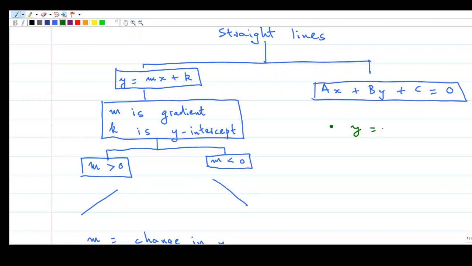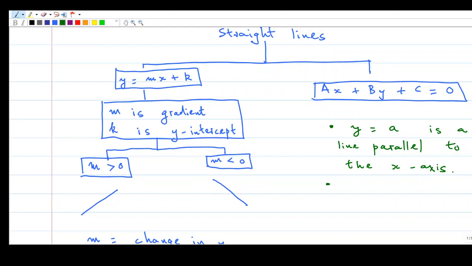y is equal to, say, some constant a, and we know this is a line parallel to the x-axis, right?